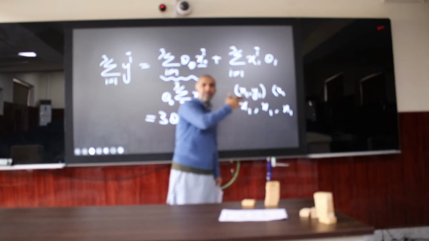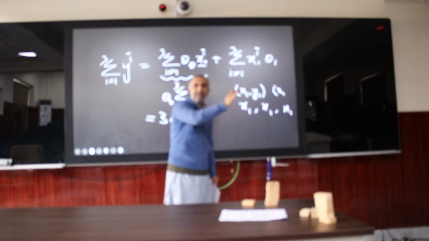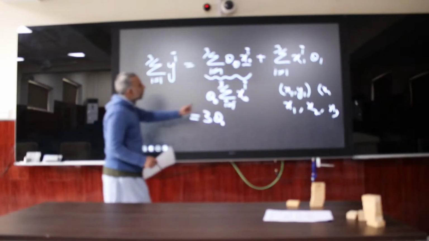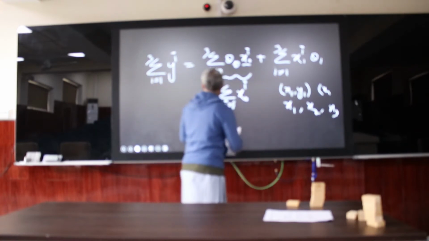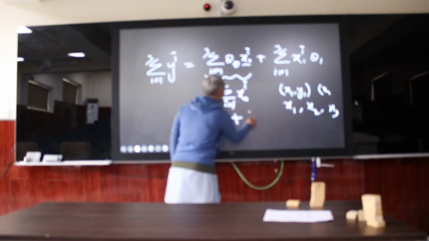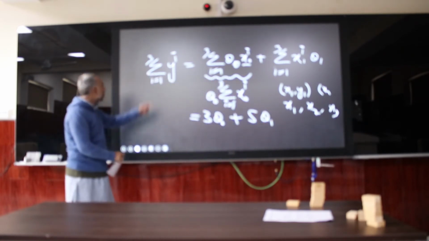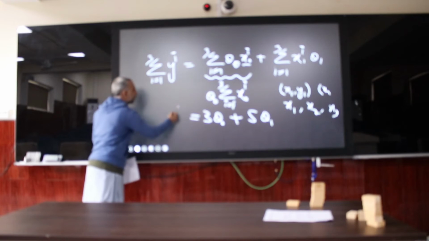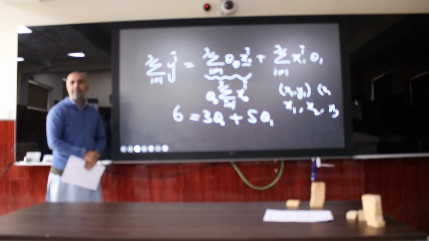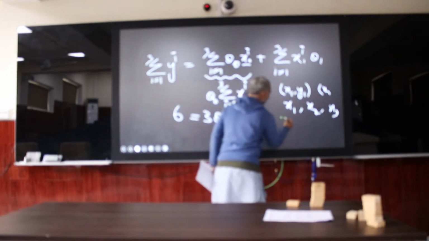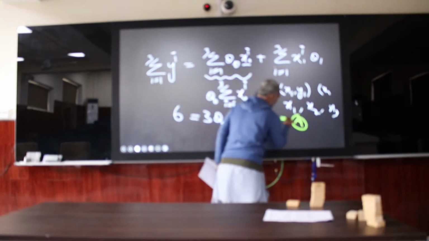Though we say the points 1, 2, 3, there are 3 variations, okay. So we need to sum up. Now you will have this output, 5 theta 1. And you know this is equivalent to what? 6. This is your equation.